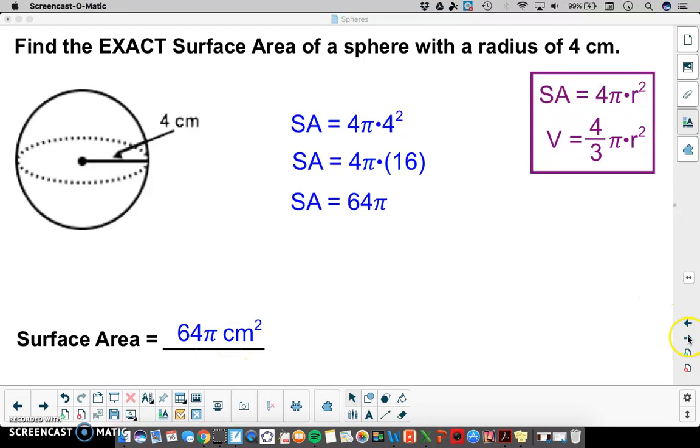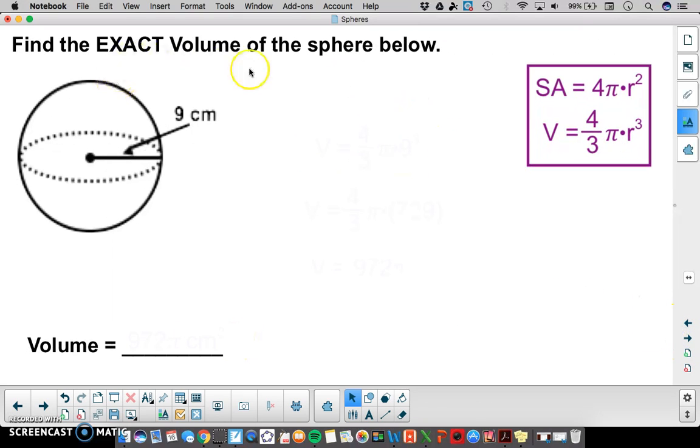Now we're going to take a look at finding the exact volume of the sphere, where we have a radius of 9 centimeters. We're going to use our volume formula of 4/3 pi r cubed. So 4/3 pi times 9 cubed. 9 cubed means 9 times 9 times 9.